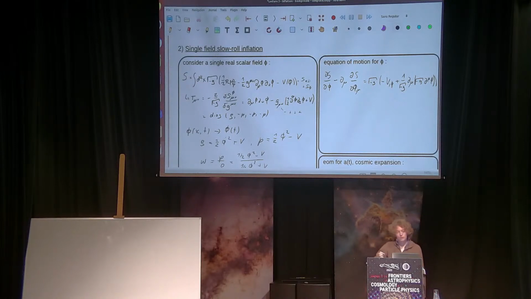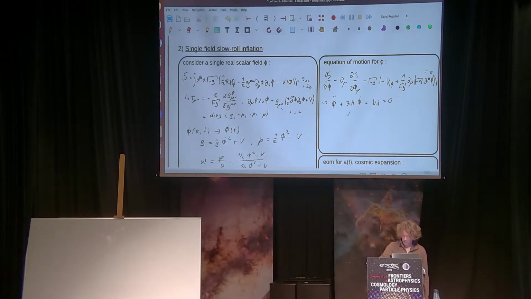Now we make the same assumption again that phi is homogeneous, so we can drop all spatial derivatives, and this entire thing is 0. It simplifies to phi double dot plus 3H phi dot plus V prime equals 0.